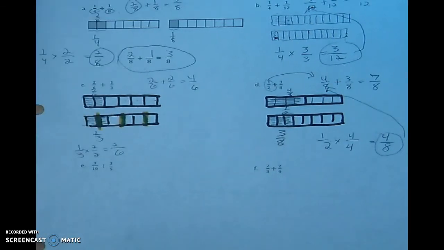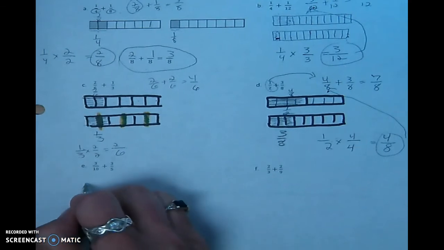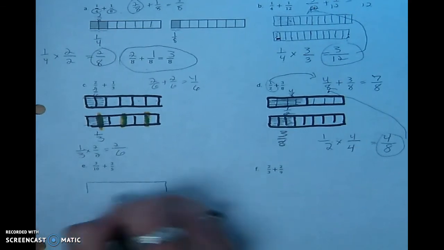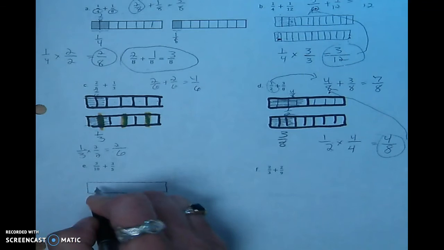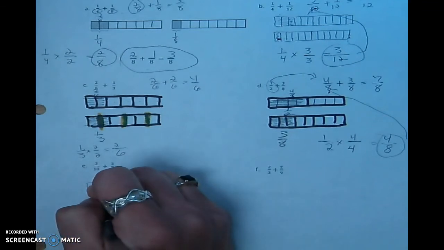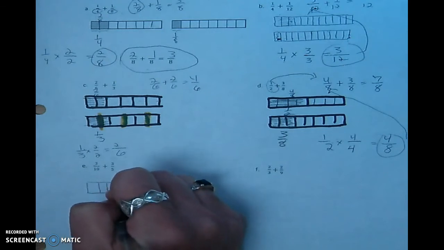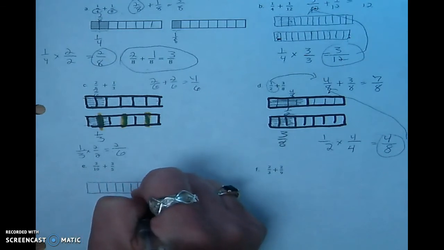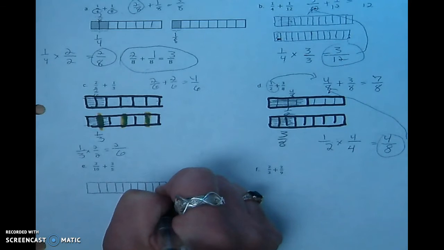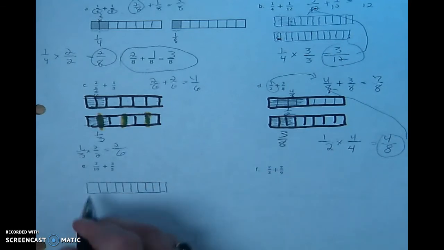Okay, I brought the window out just a little bit so we can do letter E together. In letter E, I have tenths. So I'm going to make this into 1, 2, 3, 4, 5, 6, 7, 8, 9. That should make it into tenths.